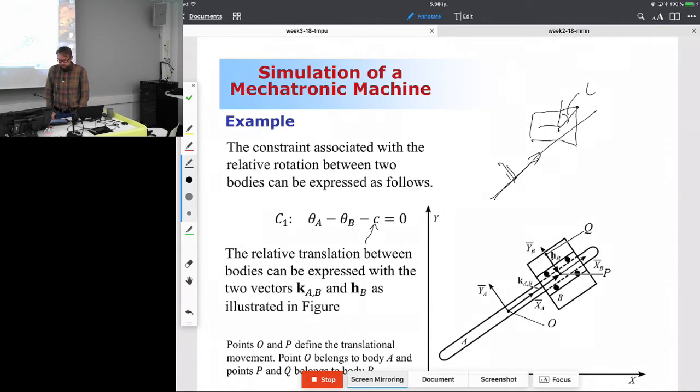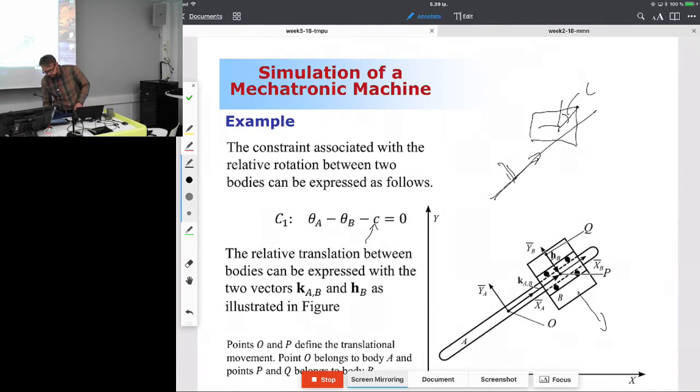I have to introduce several points, and with the help of those points I can define two vectors. Then using the perpendicular condition, I can prevent the relative motion of these bodies, because now B cannot move in this direction without the translation of body A. That's what I wanted to constrain.